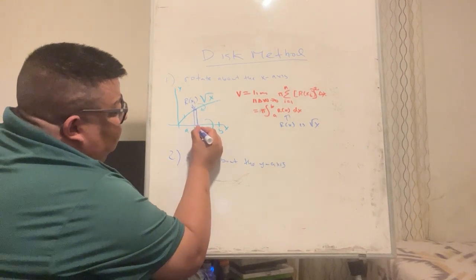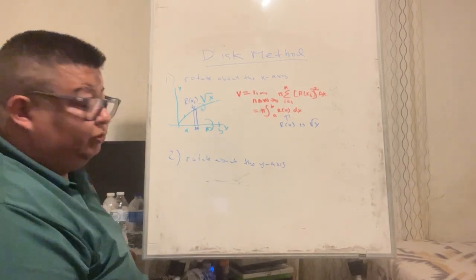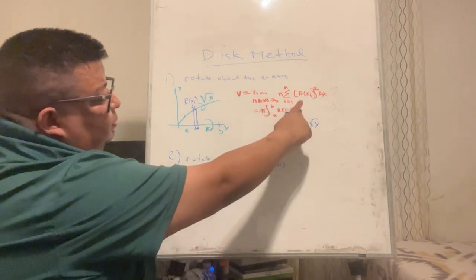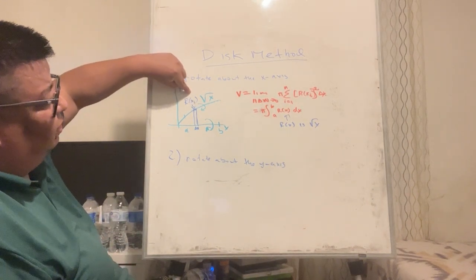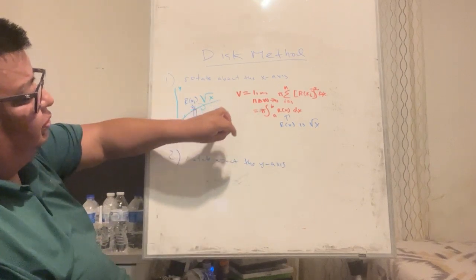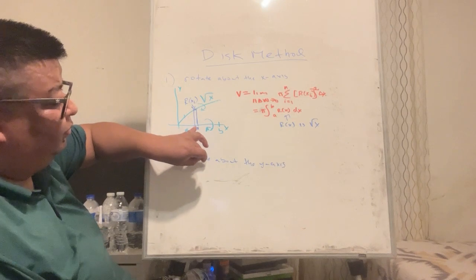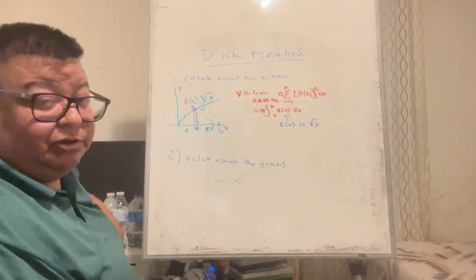The width here is going to be delta x. So R(xi) is your function, and delta x is the width of the slab that you're creating.